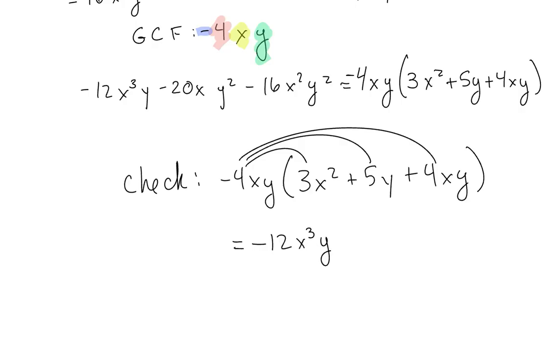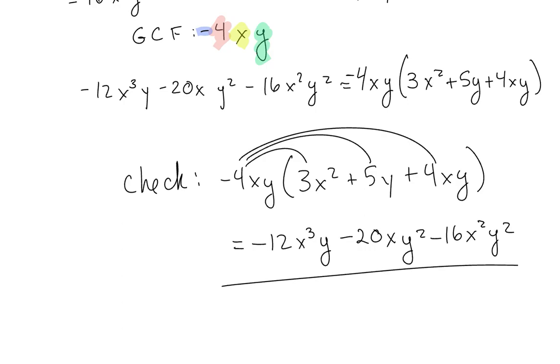Then negative 4 times positive 5 is negative 20. X times 1 is x, and y times y is y squared. Last but not least, negative 4 times positive 4 is negative 16. X times x is x squared. Y times y is y squared. And look at that, we have our question again, which is awesome.